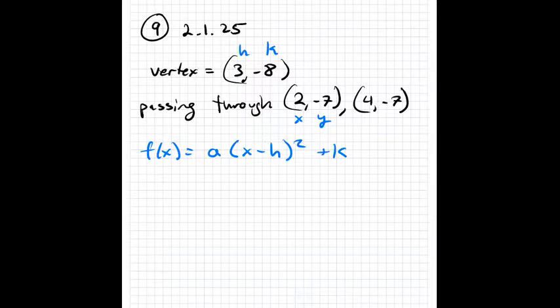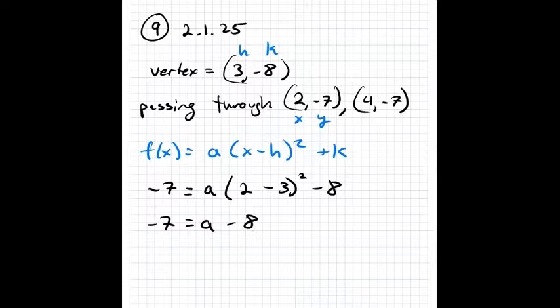If we plug in these coordinates, y is -7, a we don't know, x is 2, h is 3, and our k is, instead of plus, going to be -8. If we keep going, -7 equals a times -1 squared, which is 1, so it's a minus 8. So then a equals 1.